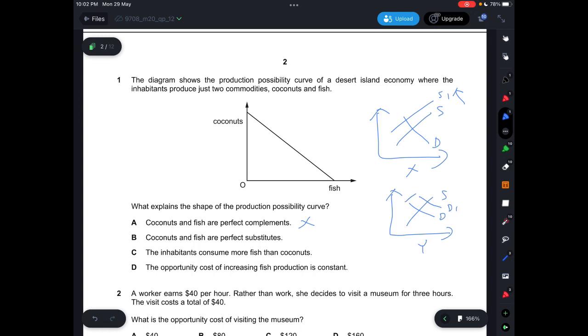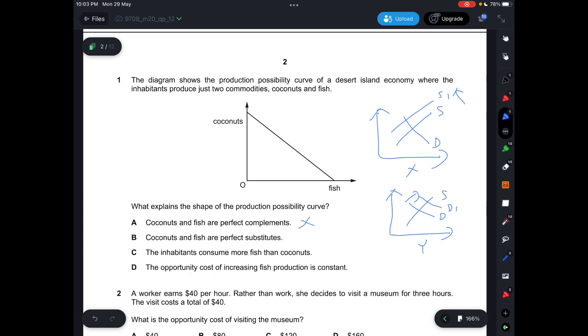This means the percentage changes are both positive, which means that both of them are substitutes. Because due to the higher prices of good X, people end up switching over to good Y, so there's an increase in demand for good Y.